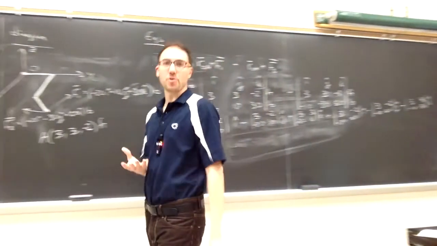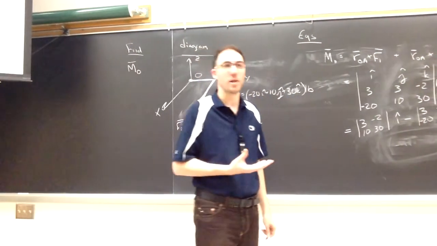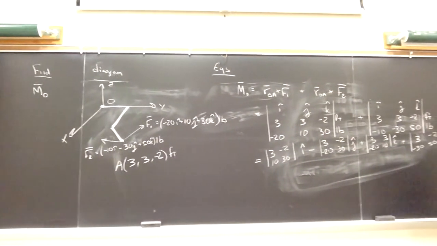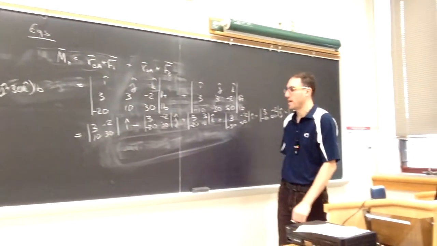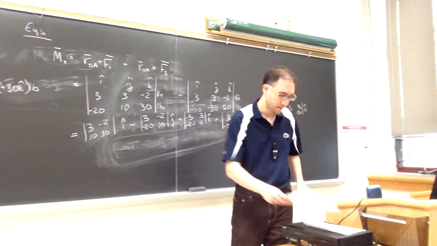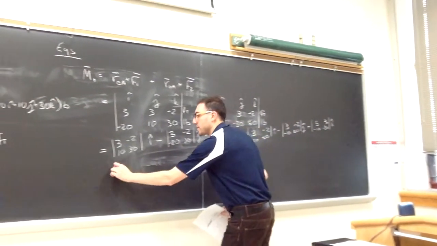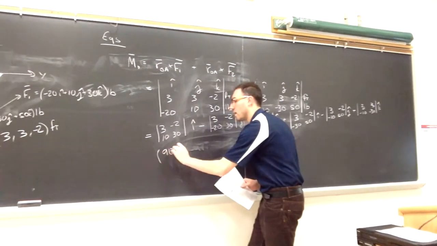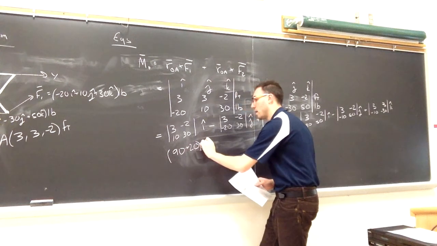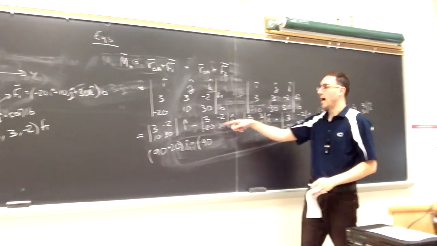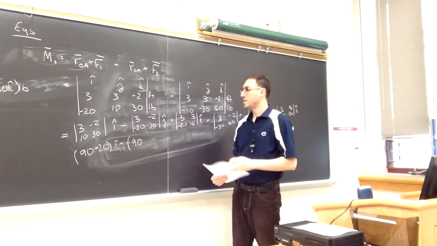Since we have two cross products, we do have a total of 6 terms here that we have to write out if we're doing this the long way. So for each one, we have to figure out what it's going to be. We're going to get 90 minus negative 20. We'll get here 90 minus 40.